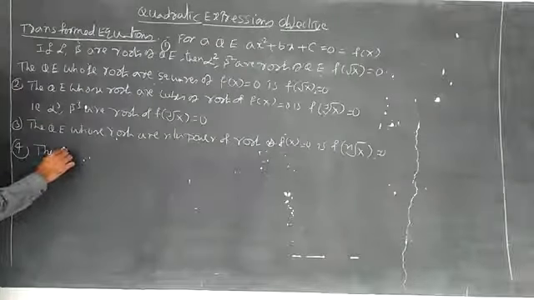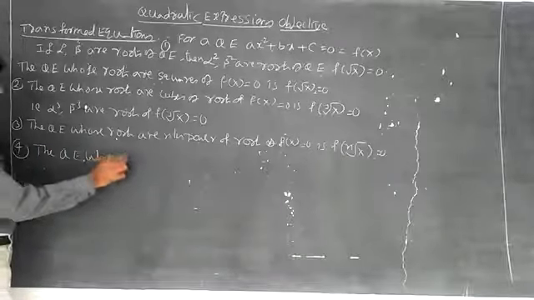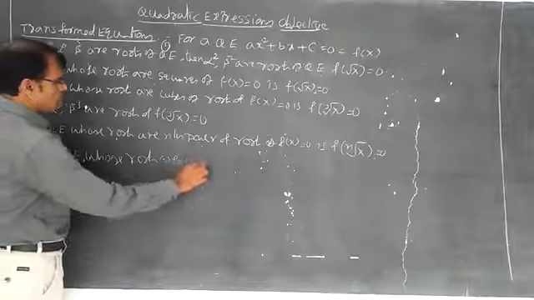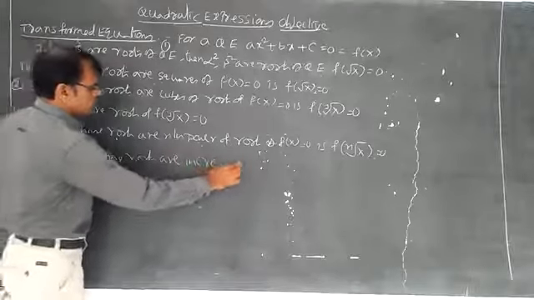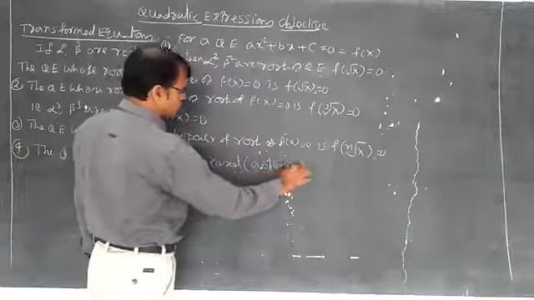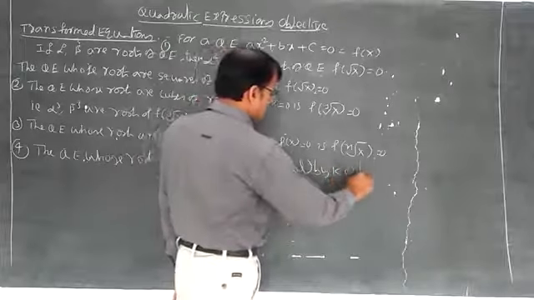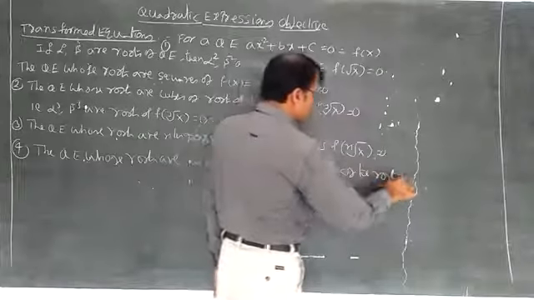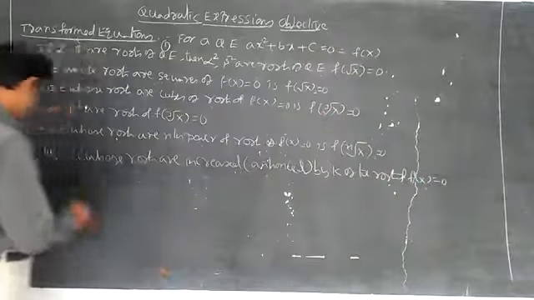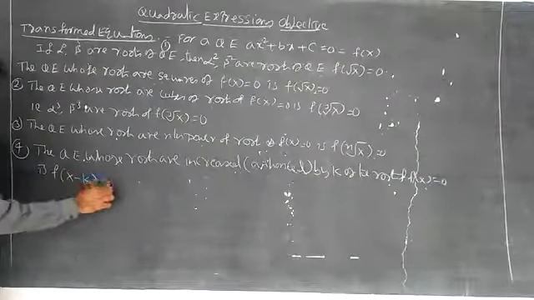Next one, the QE whose roots are increased or enhanced by k of the roots of f of x equal to 0 is f of x minus k equal to 0.